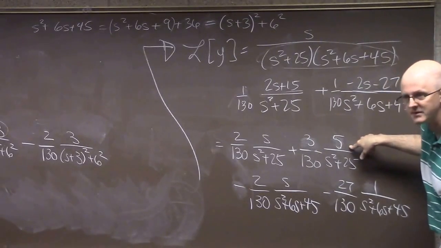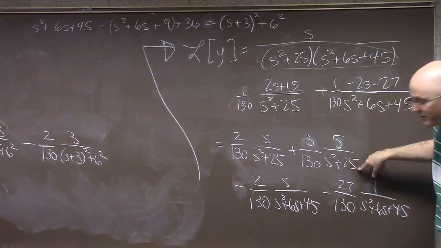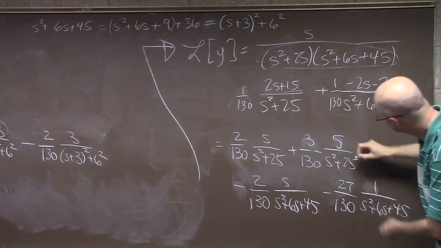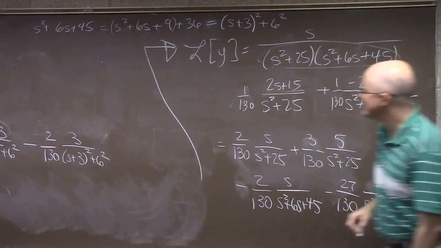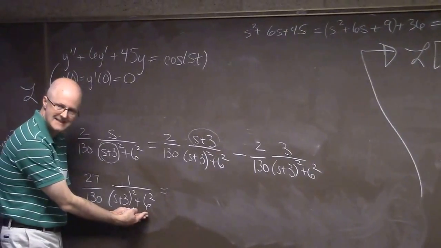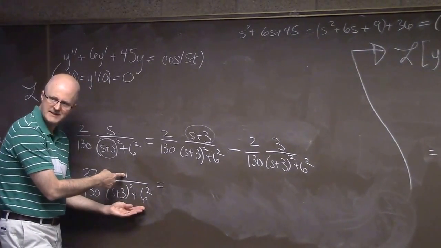The inverse Laplace transform of this thing involves a sine, and the thing up top is the square root of that. The 25 here is like the 36. It's going to be a good idea to put a 6 there.